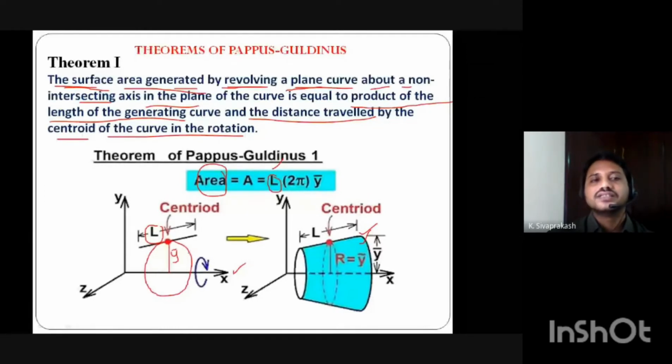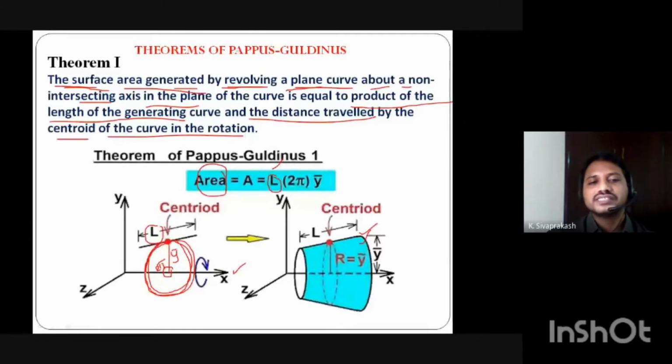So the curve centroid position is y bar, the angle is 360 degrees, and y bar is the distance from the axis to the centroid position. Then what is the distance traveled in one revolution?